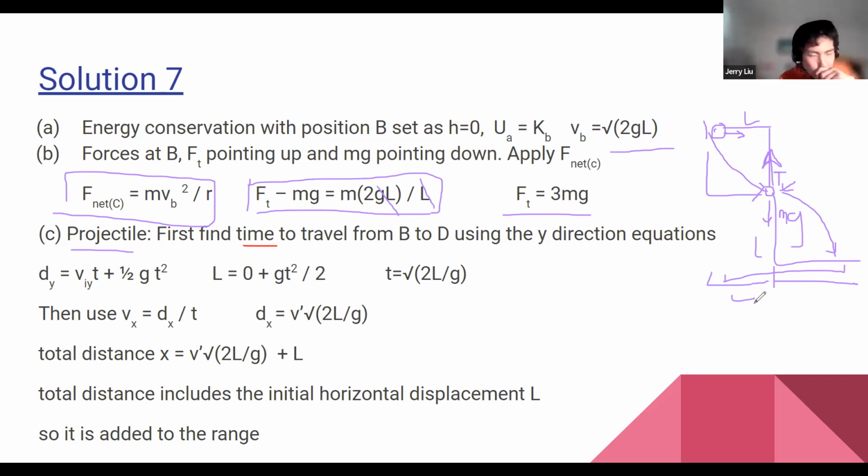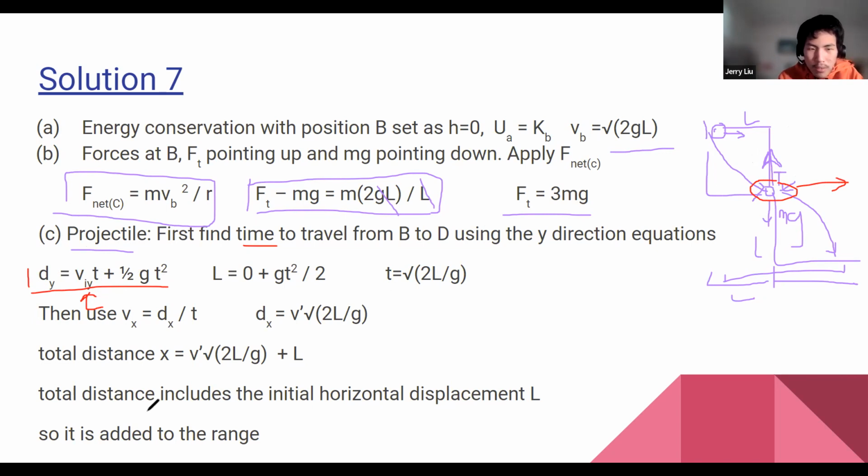So the formula for distance is v initial t plus 1/2 of at squared, and here the only real a in the y direction is g. So you have your v y initial, and here when it's at this point, the person and the object is just heading straight right.